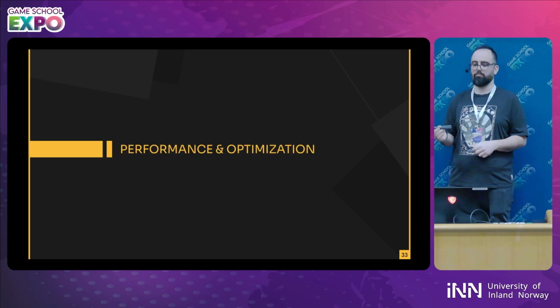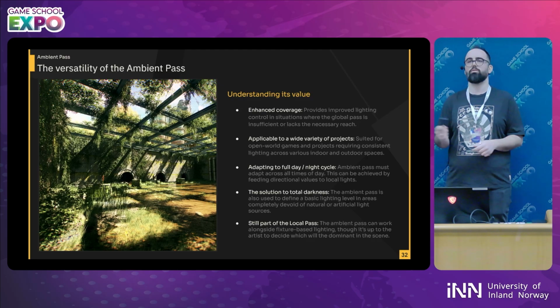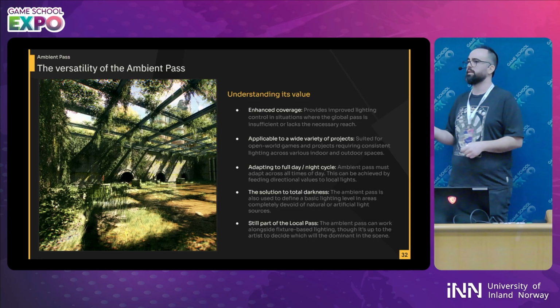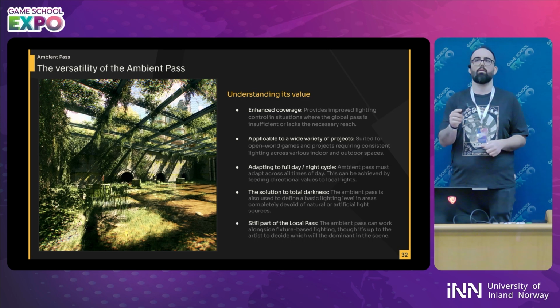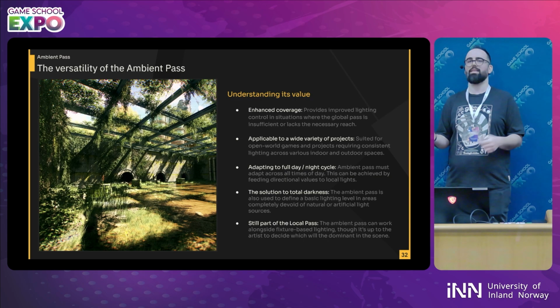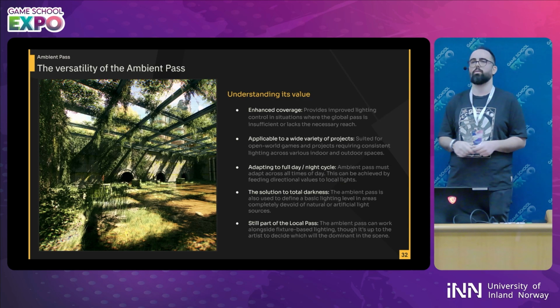We don't track it separately. And that means that you can have a location that has both, and it's up to the artist to decide which one will be the dominant one. And please make sure that you do not use both of them at the same intensity in terms of assets. One needs to have fewer assets because optimization will be a problem afterwards.